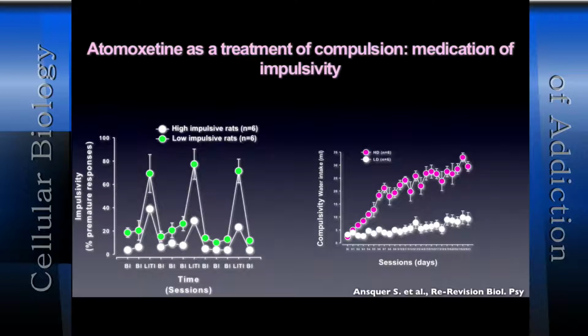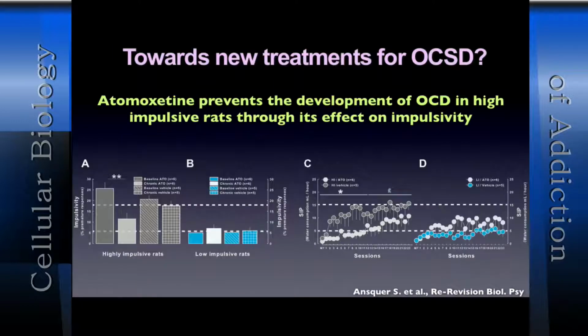And we've been investigating whether high compulsivity could be predicted by high impulsivity. And the point is, yes, high impulsive animals here, when you put them in the schedule-induced polydipsia procedure, they develop drinking levels that are much higher than low impulsive animals here.